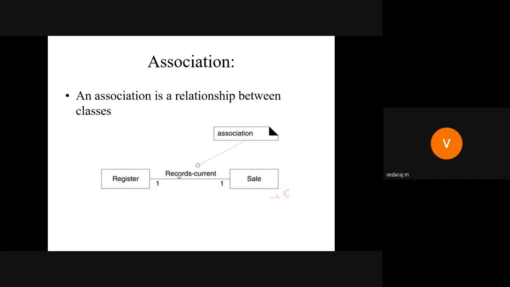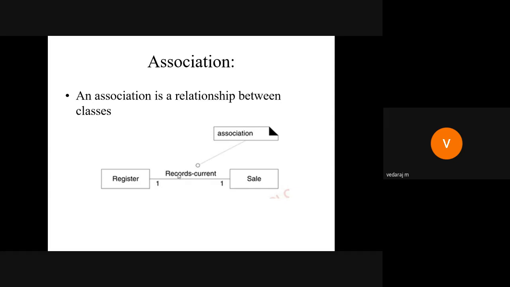See, the solid line is connecting the register class and sale class. That line is called the association. Association is nothing but a link, a connection between the classes.